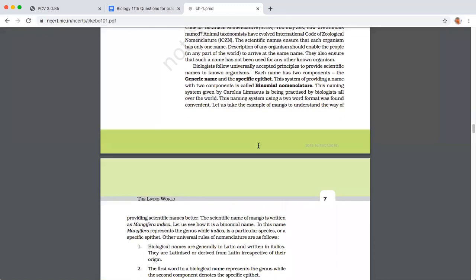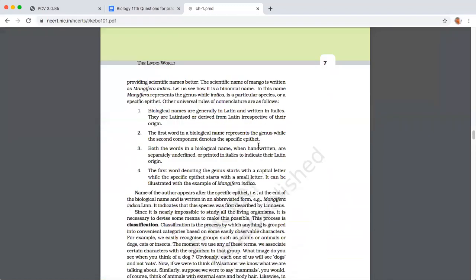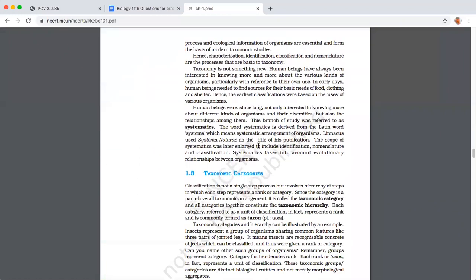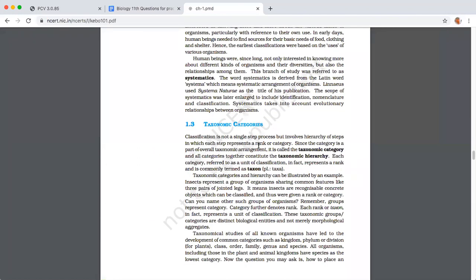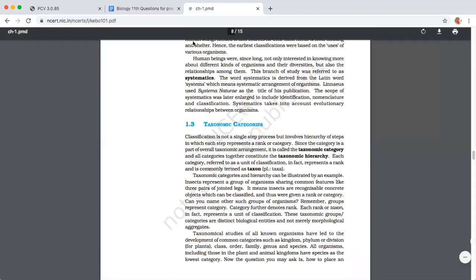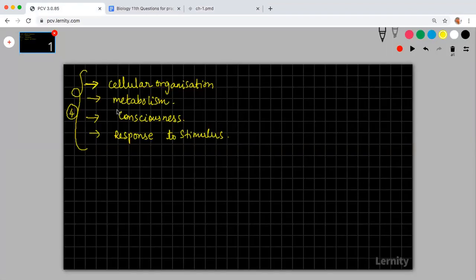Okay, the first thing is you have to define what is identification and how he can identify.